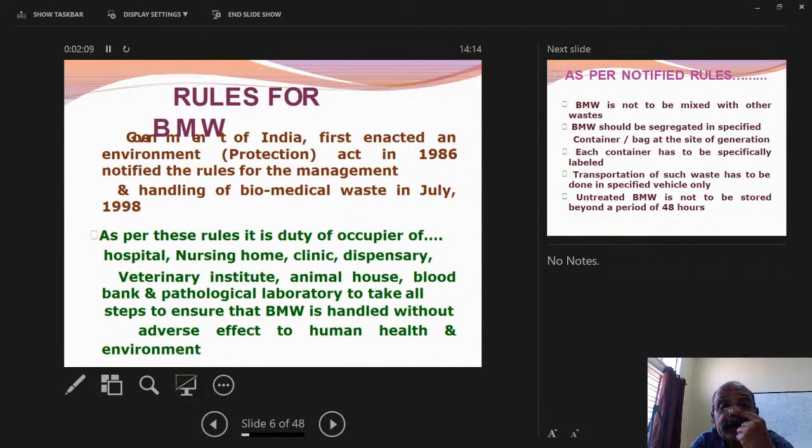As per these rules, it is the duty of the occupier of the hospital, nursing home, clinic, dispensary, veterinary institute, animal house, blood bank, and pathological laboratory to take all steps to ensure that biomedical waste is handled without adverse effect to human health and environment. This entire pollution act is based upon the principle that the polluter should pay.